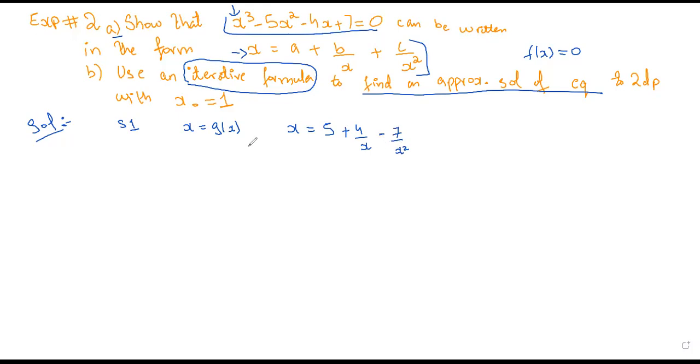So we have our x equals g of x form. Step 2 is to basically write it as an iterative formula. Instead of x, we will write xn plus 1, and instead of x, we will write x.